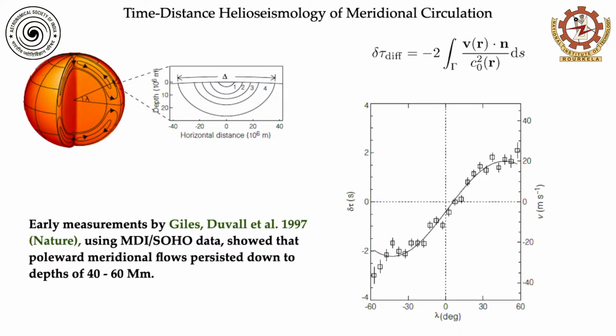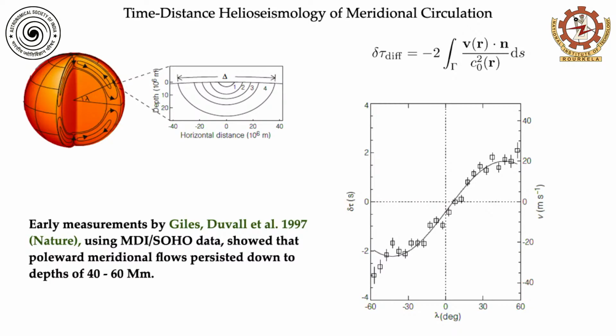One of the very first observations to use time-distance helioseismology to measure the slightly deeper meridional flow was by Peter Giles and Tom Duvall in 1997. It was published in Nature. This was the very first observation of a slightly deeper extending meridional flow from time-distance helioseismology.